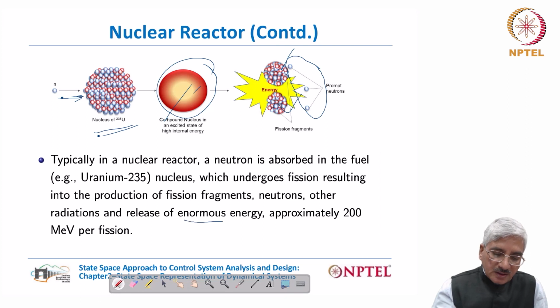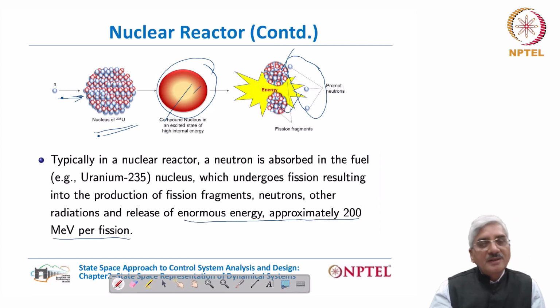Also, in the fission reaction, a huge amount of energy is liberated, which is of the order of 200 million electron volt per fission. And so many 10 to the power 10, 10 to the power 15 fission events are taking place, and so you can imagine a huge amount of fission energy is liberated in a nuclear reactor. Control is to be able to maintain the rate of fission, thereby the operating power of a nuclear reactor.